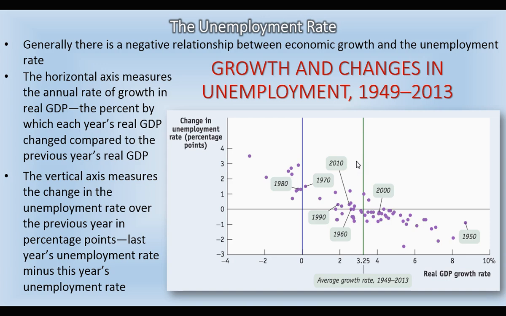So again, that generally captures the fact that there's a negative relationship between the economic growth of an economy and the unemployment rate. So the increasing capacity of the economy to produce tends to be obviously stunted when there is unemployment. It's a relationship that's interesting, kind of obvious, but tends to break down sometimes.